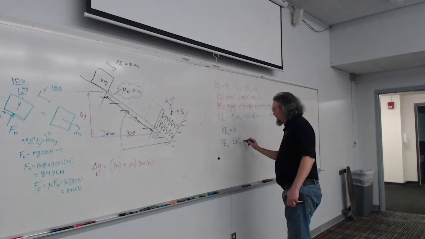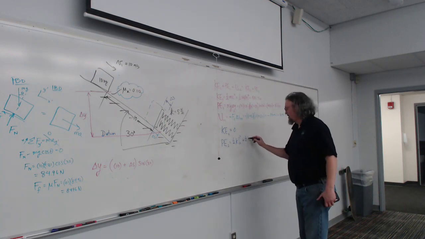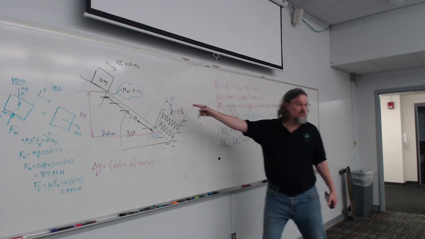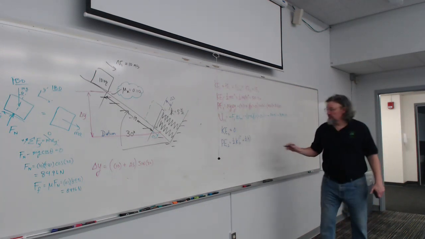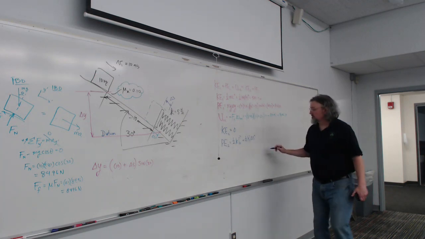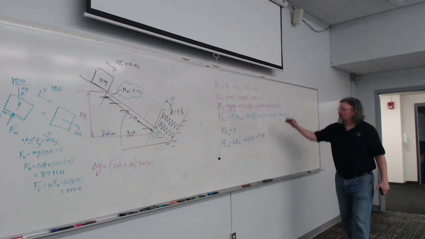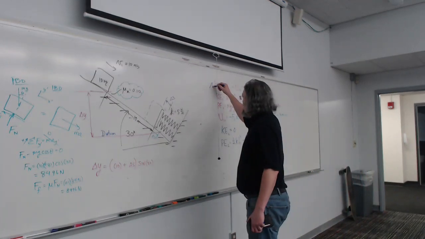So right here, we have 1/2 K del squared, the K is only 5, and this del is actually this delta S, right? That's the amount that the spring is going to be compressed. So that becomes delta S squared, or 2.5 delta S squared. So now add them all up. Put them all back into this equation right here.